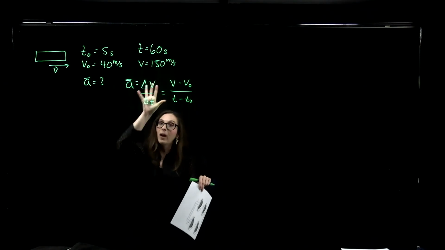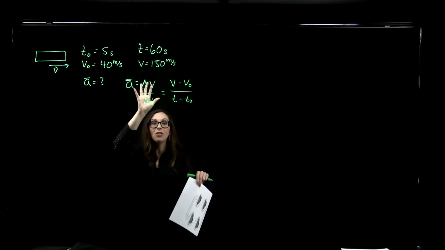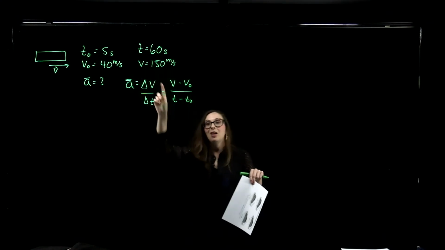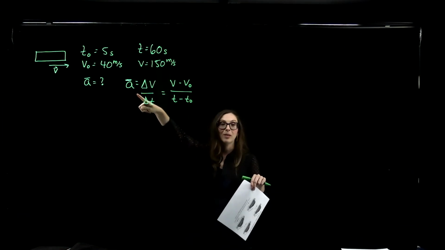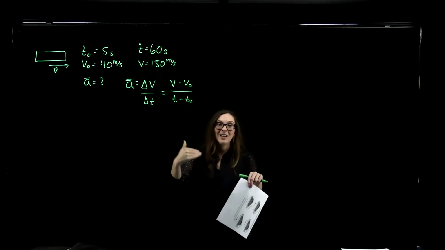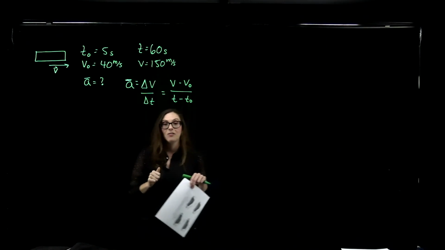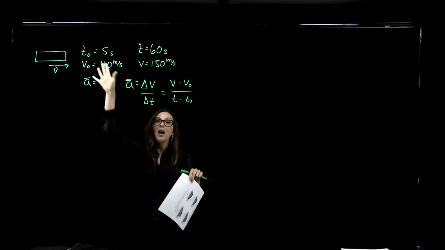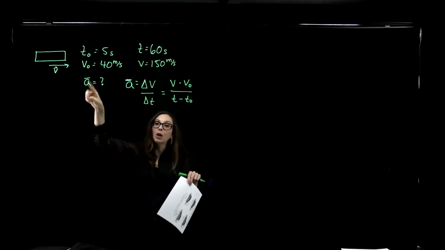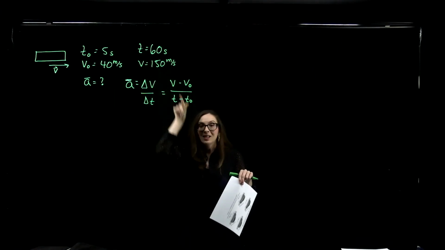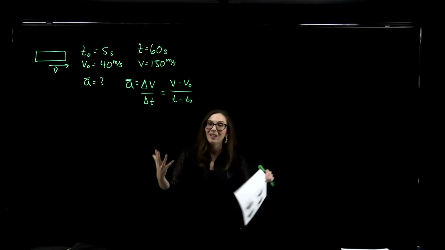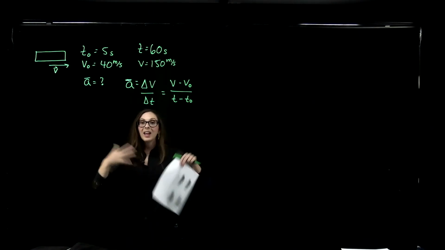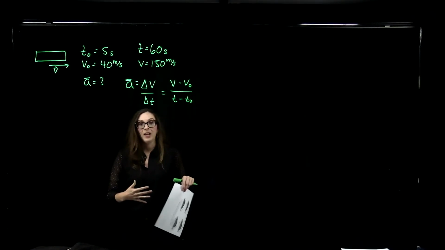Maybe you could even solve it for an unknown if the unknown that you're looking for is not what it's already equal to here. Then you can put in your numbers to get your final answer. So we want to identify our knowns, our unknown, find an equation, stick those numbers in, then we get the final answer. The answer is the very last thing that we're going to get.